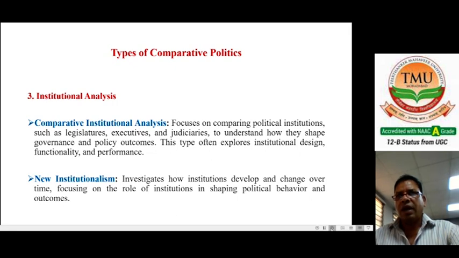Suppose there is civil society, social actors, regional institutions, international institutions. These institutions are covered under institutionalism, and when we study their role, their functions, their outcomes, that is covered in the new institutionalism perspective of comparative politics.